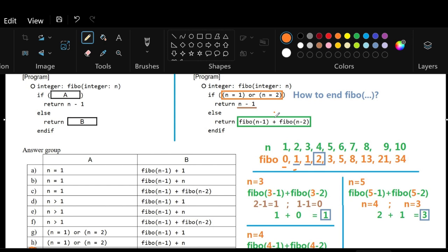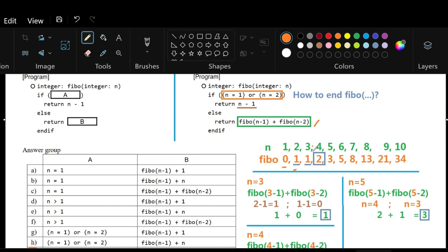Okay? Now, we are now in blank B. And the way to see if this is also correct is, of course, to test whether, if we are going through the Fibonacci sequence via the incremental ns like this, 1, 2, 3, 4, 5, are we going to get the correct answer?